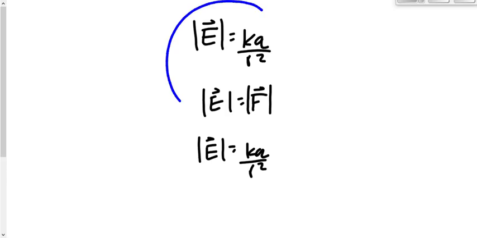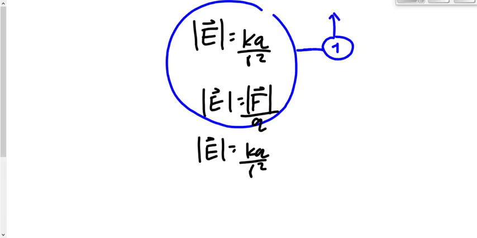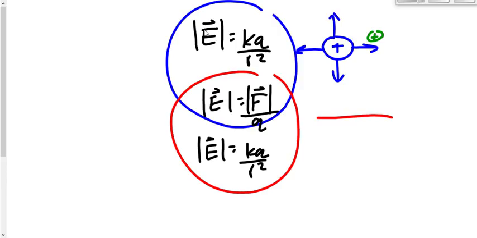If I draw a circle around these two equations, sorry, that should have F over Q, right? If I draw a circle around those two equations, they would represent the field that is non-uniform, the field that's not constant. Now, the first one describes the field if we know something about what caused the field. The second one is, well, if we know something about what experiences the field. But they're both valid when we have a non-uniform field like this. The second circle encompasses a uniform electric field.